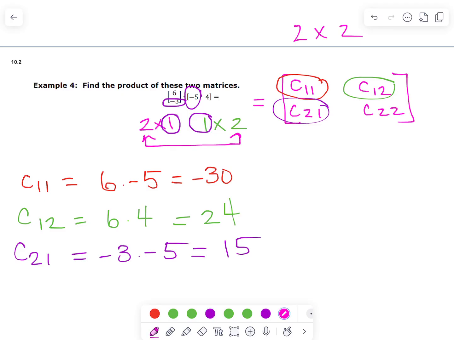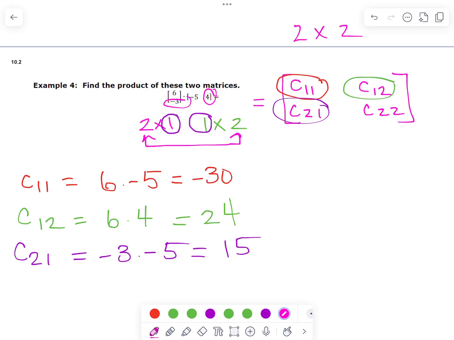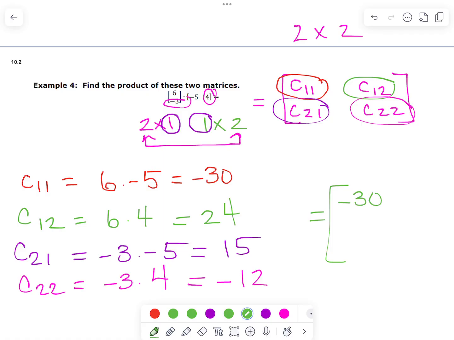And then our last one, row 2, column 2. -3 times +4 is -12. So there are our 4 elements, and now we just write the matrix. So -30, +24, +15, and -12.